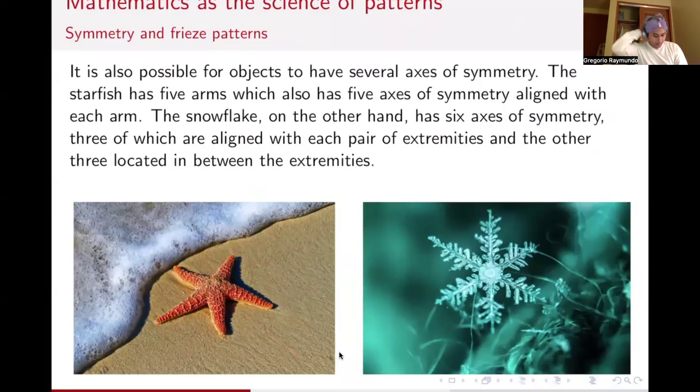Ang snowflake naman, actually, meron siyang 6 lang pala. 1, 2, 3, 4, 5, 6. May 6 mirror lines siya.